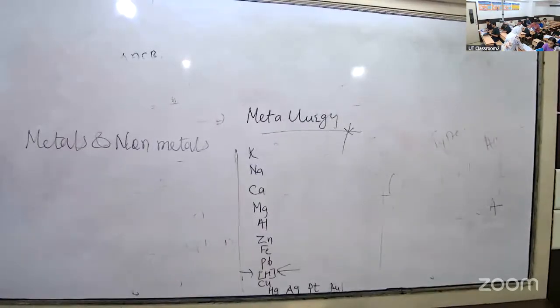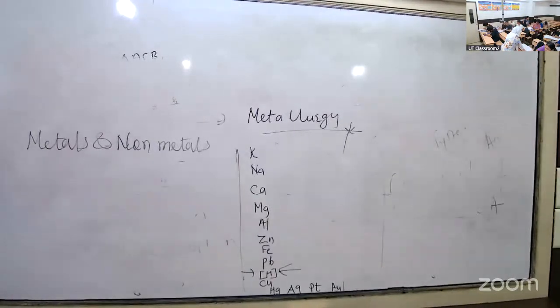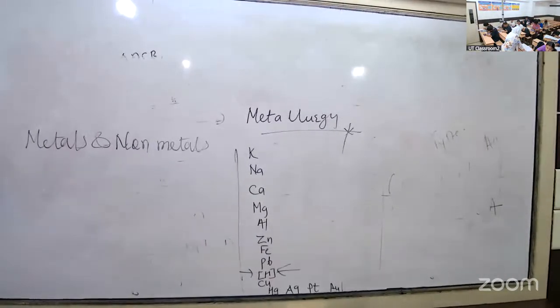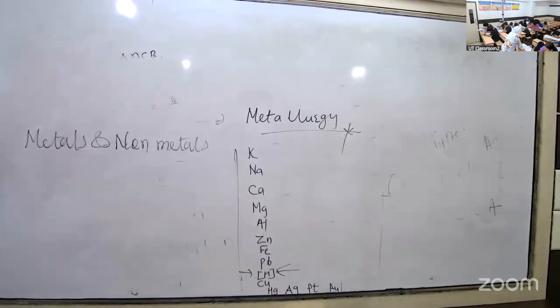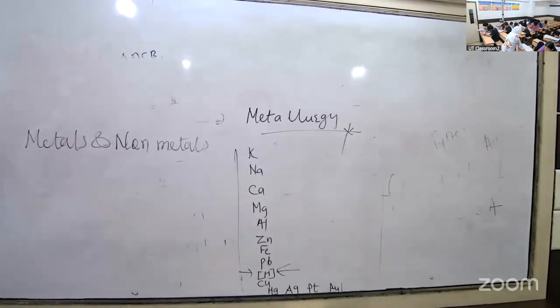Then next one, second. The reducing power of the metals decreases on moving down the series.